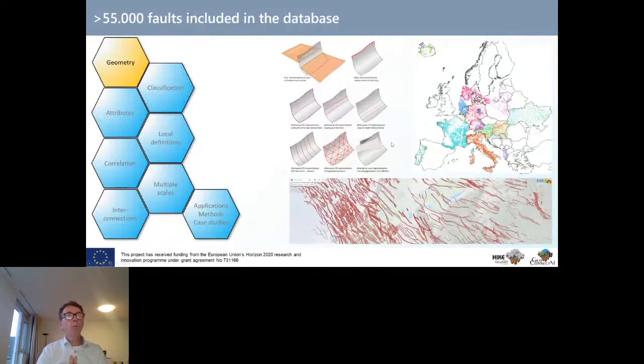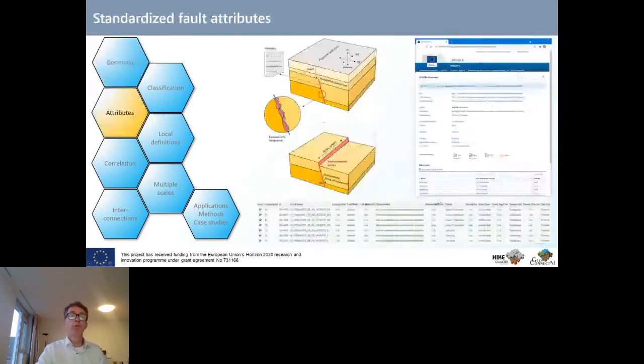So let's go quickly through the fault database. With our partners, we have been able to cover a large part of Europe with new fault information, which now includes more than 55,000 faults, with geometrical information about faults at different depth levels, which you can access through our portal on EGDI. This has been a novel development for many countries because this information was not disclosed before.